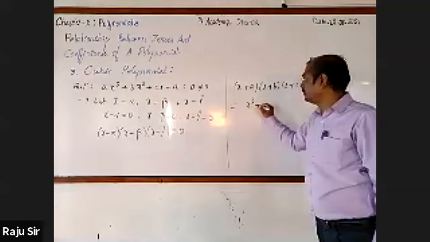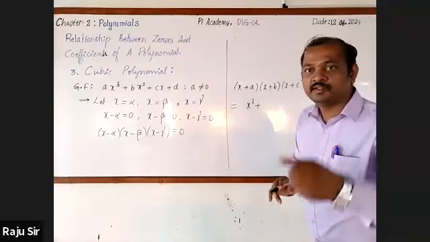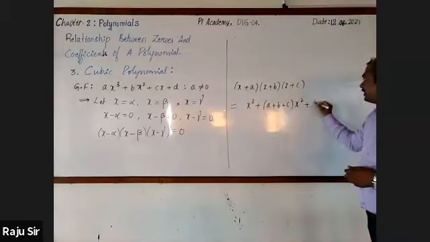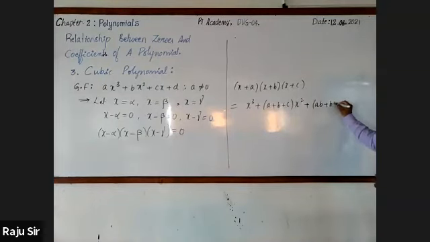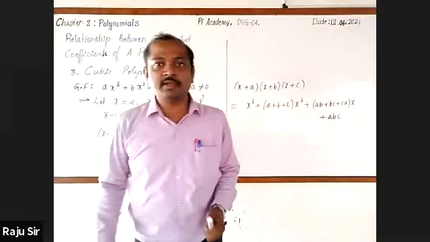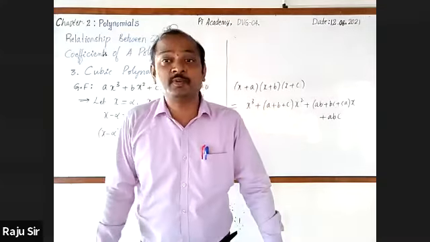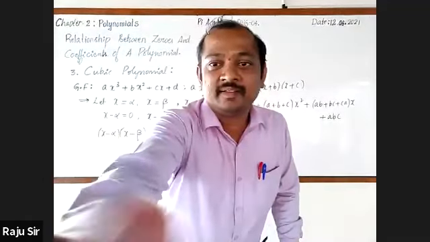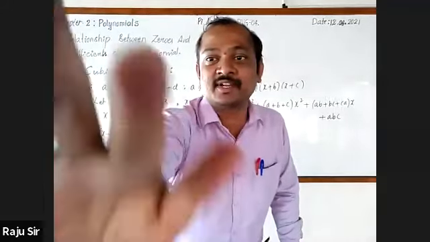It can be written as x cube plus a plus b plus c into x square plus ab plus bc plus ca into x plus abc. Do you all remember? Yes, sir, last year. Very good.